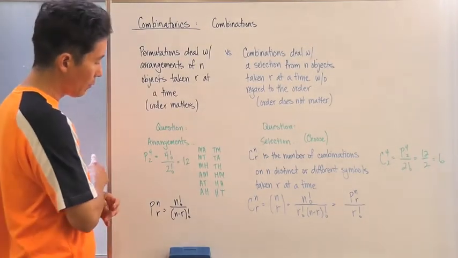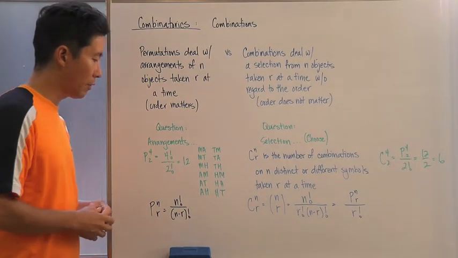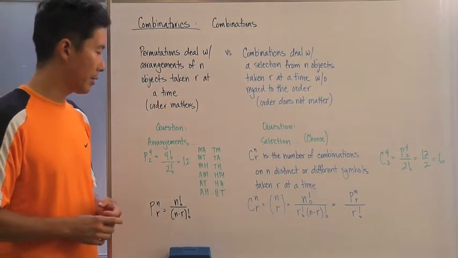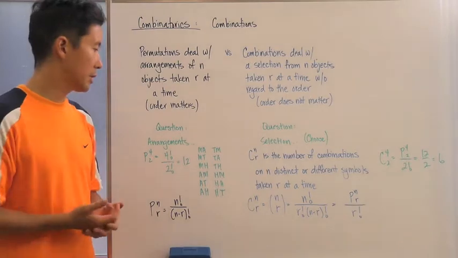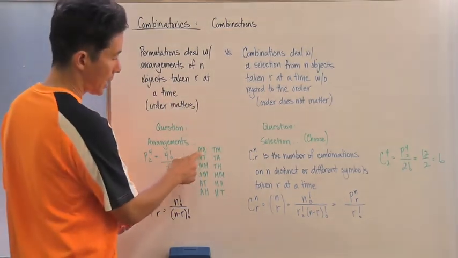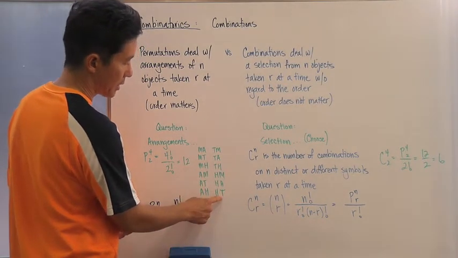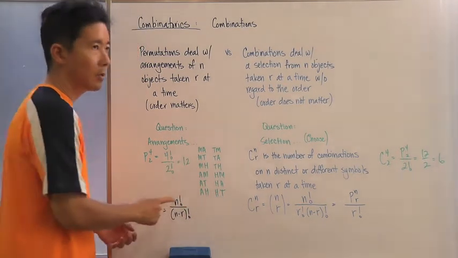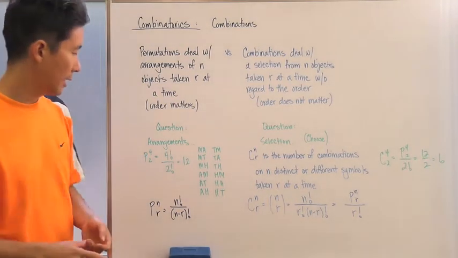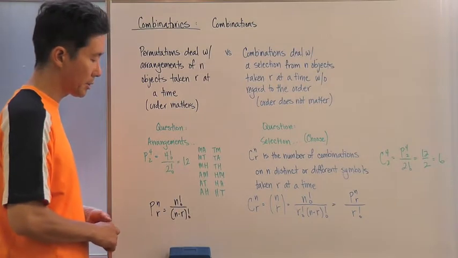Now, we know that 4 permute 2 is equal to 4 factorial divided by 2 factorial, and therefore that's 4 times 3, which is 12. What I've done here is list all of the different particular arrangements that are possible using 2 letters from the word math. And again here is our formula for the permutations.